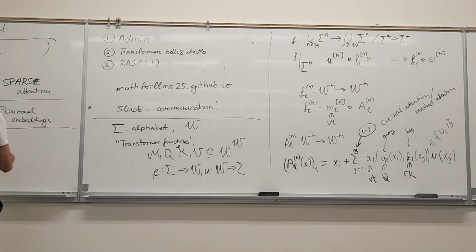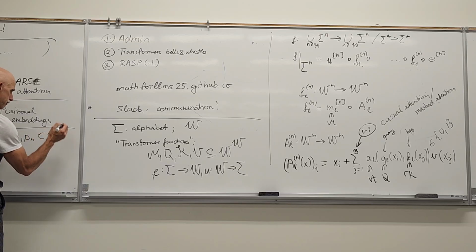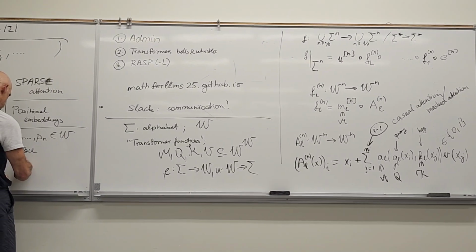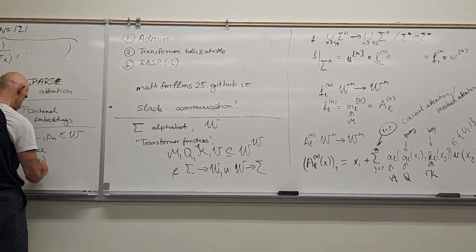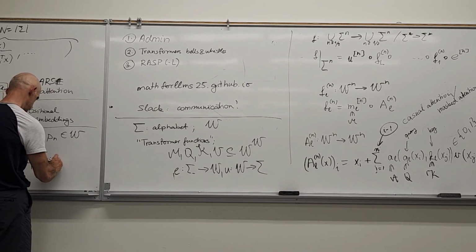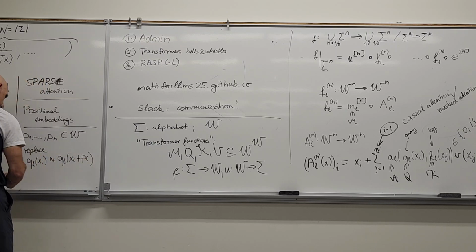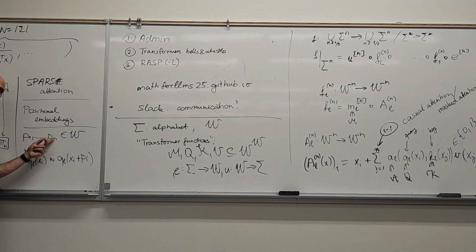So you create a bunch of vectors, workspace elements, and then replace Q_l x_i with Q_l (x_i plus p_i). These workspace elements are indexed by positions.